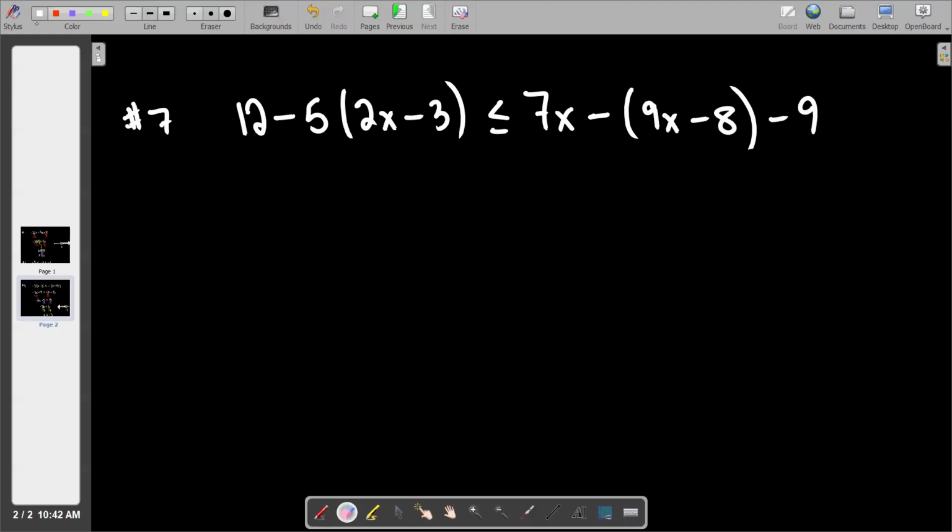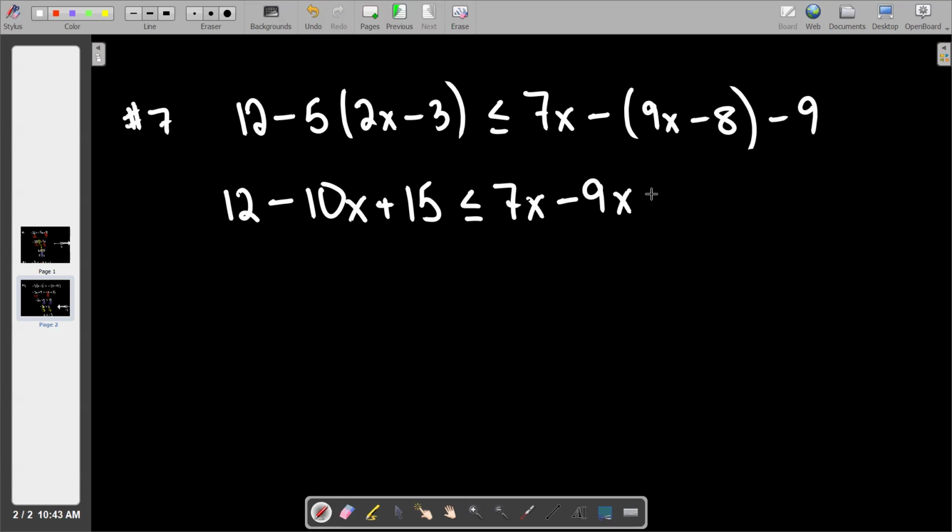All right, just step 1 incoming. So give it a look and make sure you're on the right track. Our first line should say 12 minus 10x plus 15 is less than or equal to 7x minus 9x plus 8 minus 9. All right, pausing again, finish her up and get going.